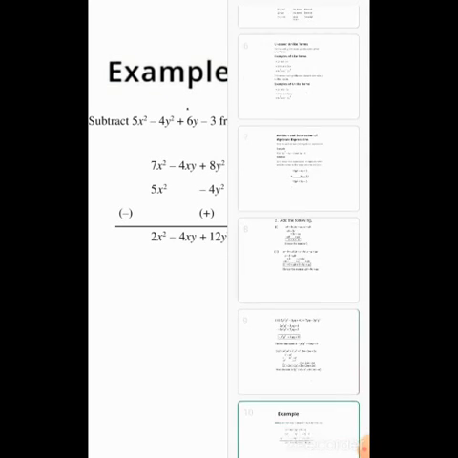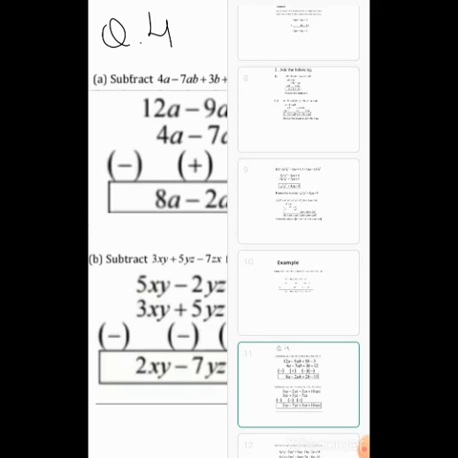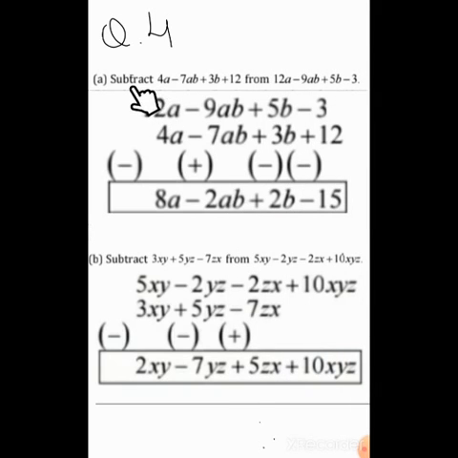Now come to exercise 9.1, question number 4. First one: subtract 4a minus 7ab plus 3b plus 12 from 12a minus 9ab plus 5b minus 3. First of all, write down 12a minus 9ab plus 5b minus 3. 4a we put in the a column. So minus 7ab we put in the minus 9ab column. 3b we put in the b column and 12 we put in the constant.